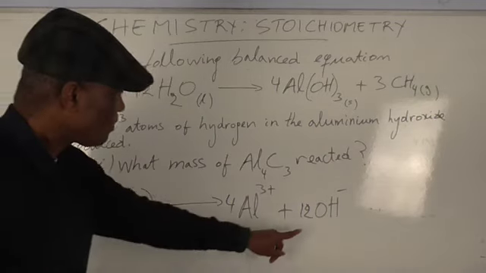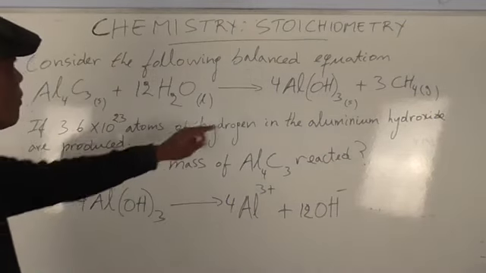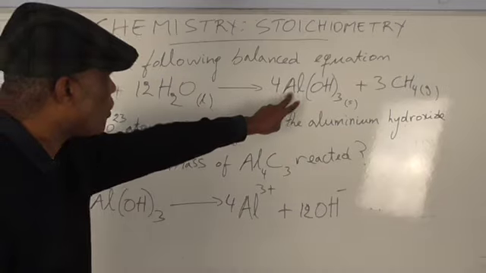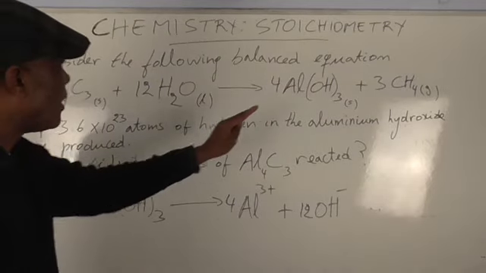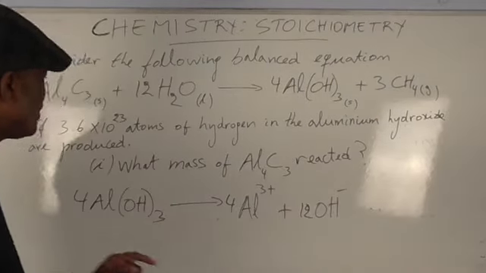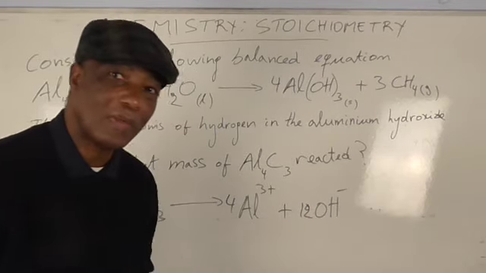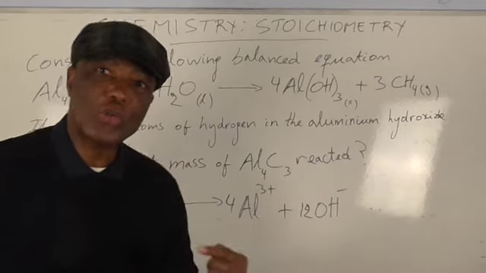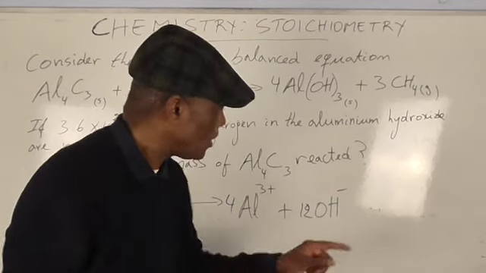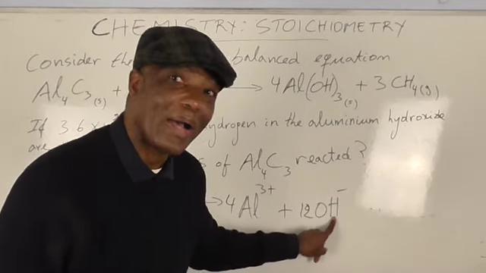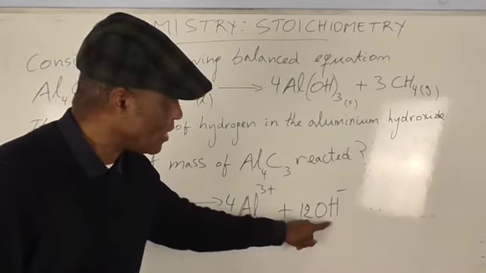So that means in 4 moles of aluminium hydroxide there, we have 12 moles of OH minus. That means we have also 12 moles of hydrogen, because hydrogen is there.